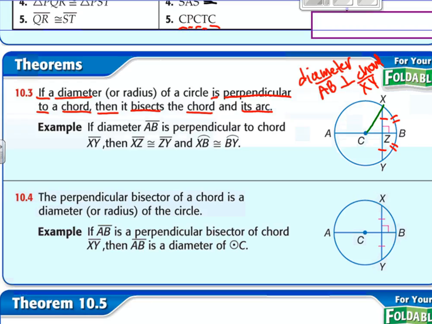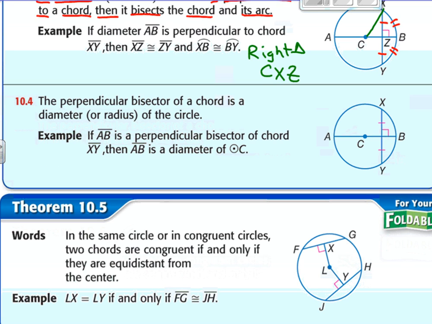The book authors will not always draw that in. They'll expect you to know that you can do that. And then I'm just going to remind myself that I get a right triangle CXZ. Then I can use the Pythagorean theorem, and we'll actually do that today as part of our lesson as we go to the other handout.